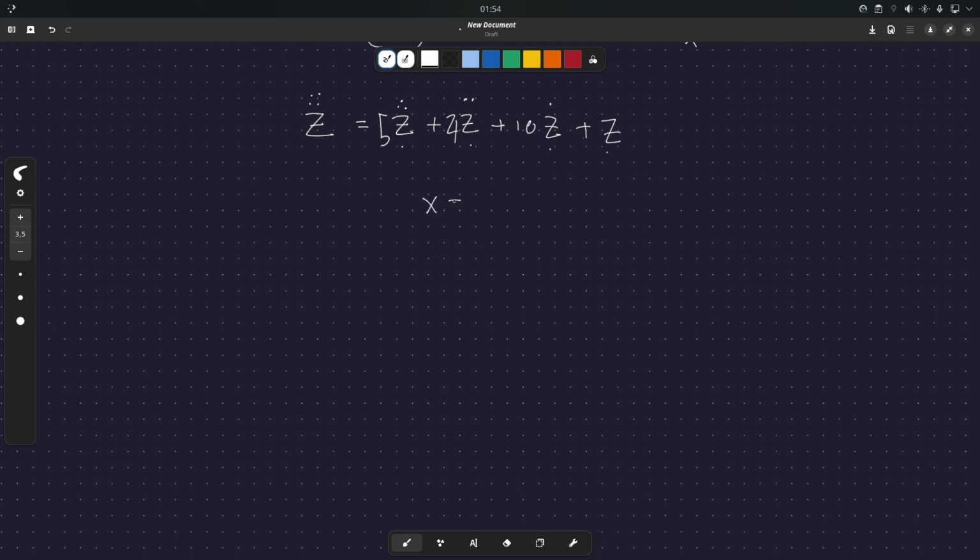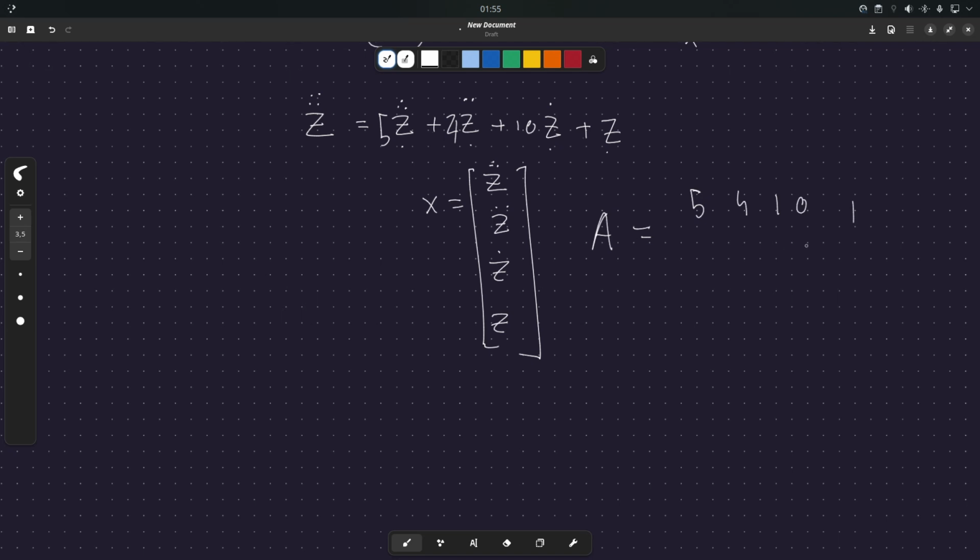So X will be z triple dot, z double dot, z dot, and z. And then A will be with the corresponding order as we have it in this equation: 5, 4, 10, 1.